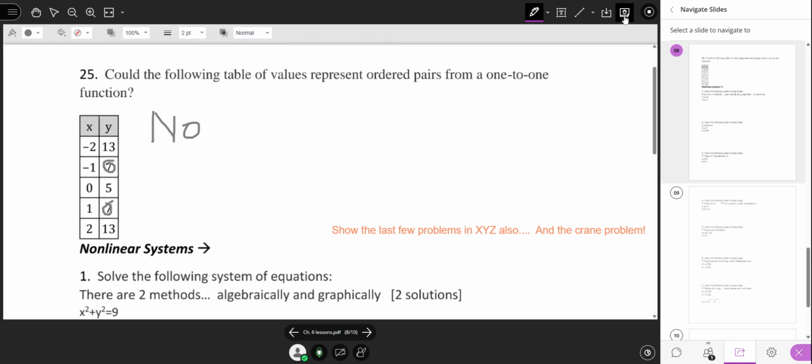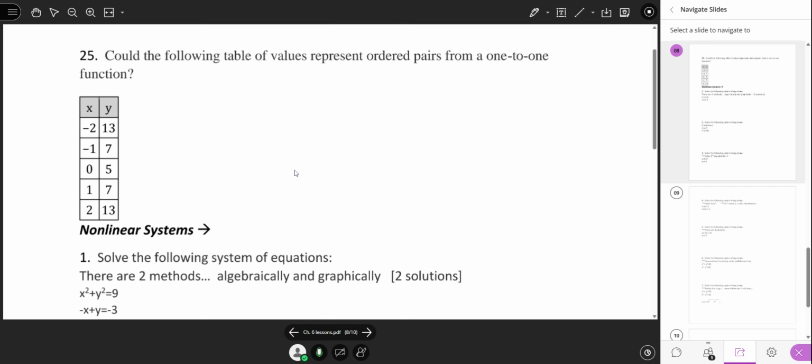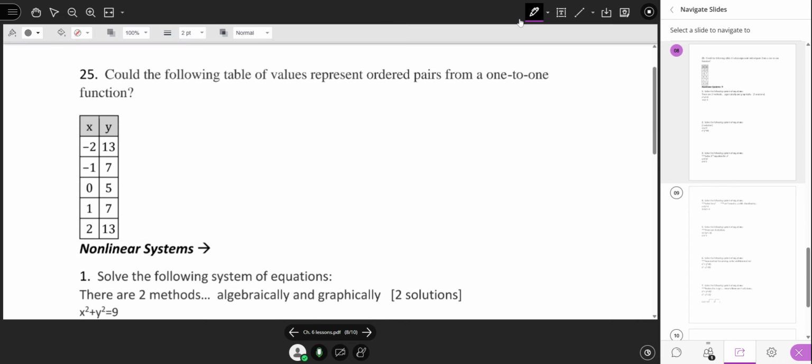Well, the issue with this problem is it's possible that in this list there is no repeat. So if you don't have a repeat, what you've got to do is list your values. So let's say this was a 12 and this was a 6.